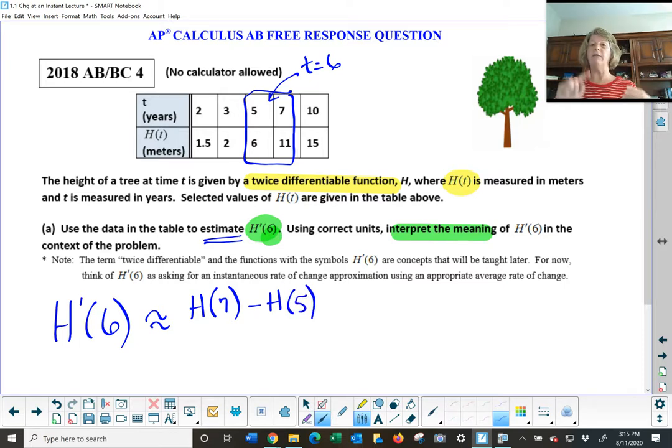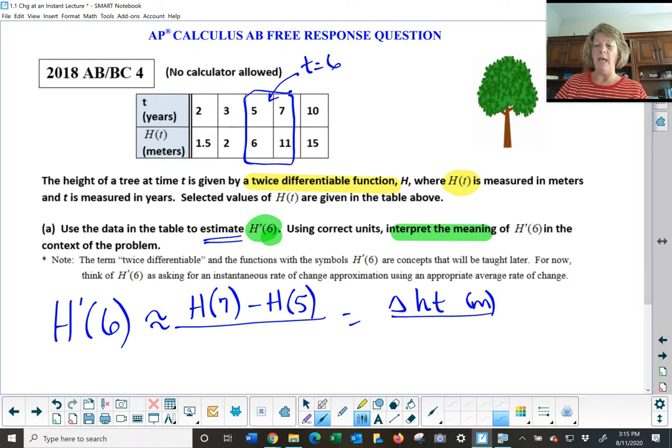The height at time 7 minus the height at time 5 will give me the change of height, right? Which is going to be measured in meters as described in the write-up. And on the bottom, I'm going to use the two time frames, the change of 7 minus 5. This will be the change of time.